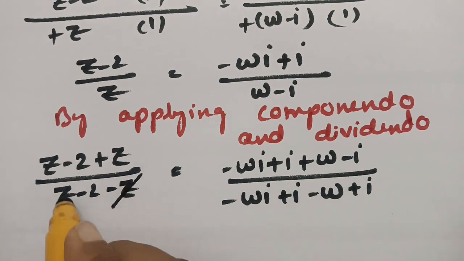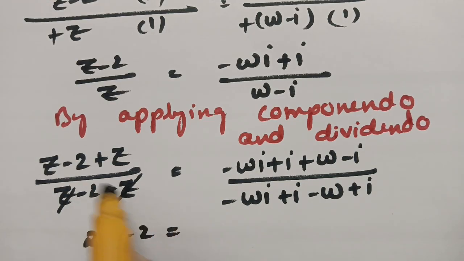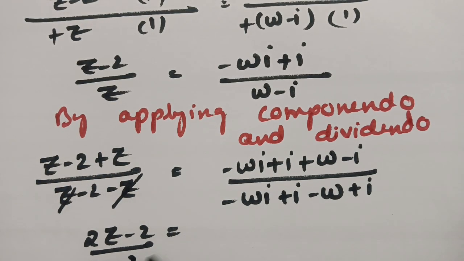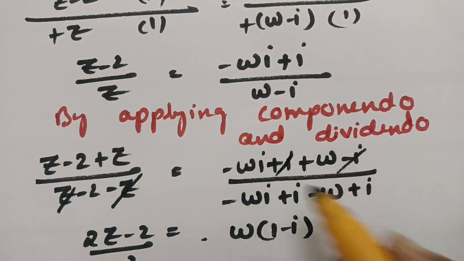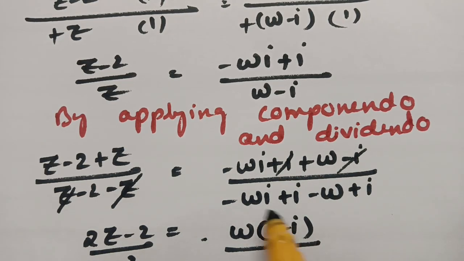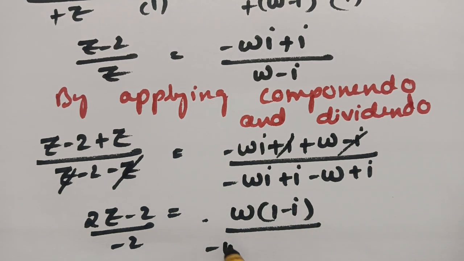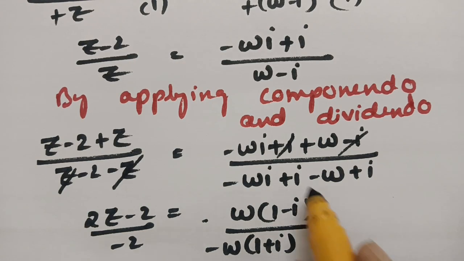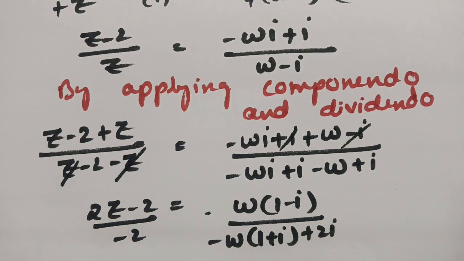If I cancel, this is going to become 2z minus 2 by minus 2, and this value, if I take w common, will be 1 minus i, and this got cancelled. This one also, if I take minus w common, is 1 plus i, and this value is 2i. Clear? Now if I take 2 common and cancel, see what happens here.